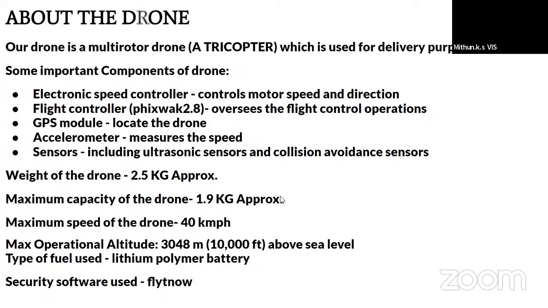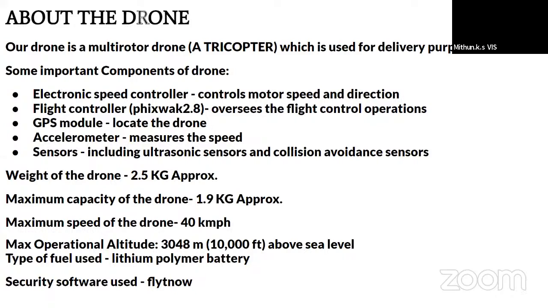Our drone has a maximum capacity of 1.9 kg, and the weight of the drone is approximately 2.5 kg. The maximum speed of the drone is 40 km/h, and the maximum operational altitude is 3 kilometers above sea level.